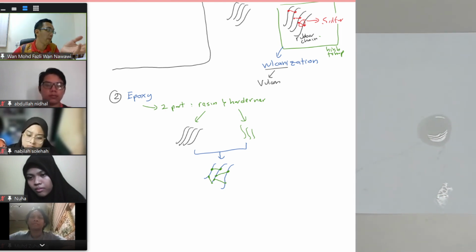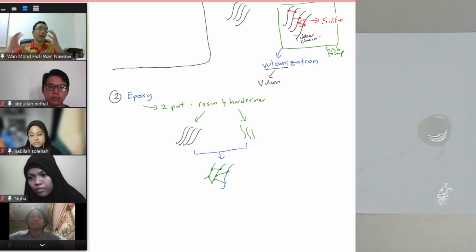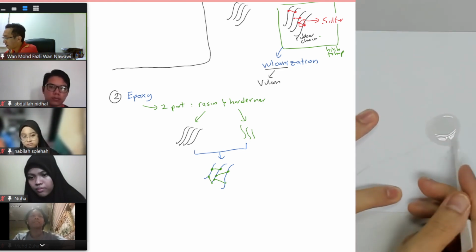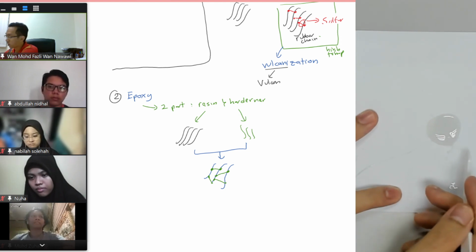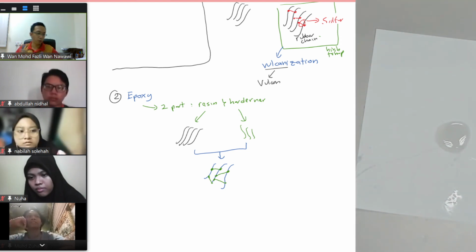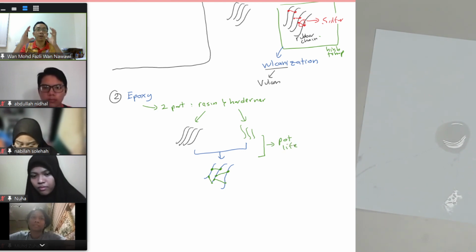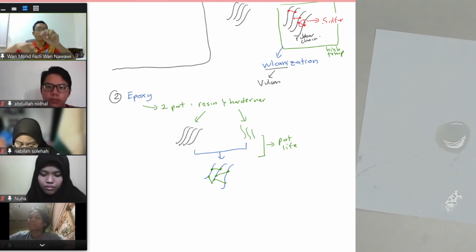But there are types of epoxy that have longer life. Before it hardens, as you see here, it's not yet hardened. It's still liquidy. This is what we call the pot life of the epoxy. Between mixing and hardening, we have the pot life, meaning the duration where you can play around.